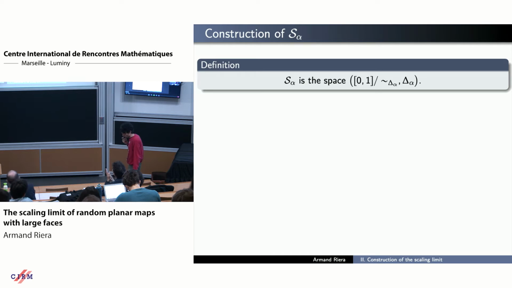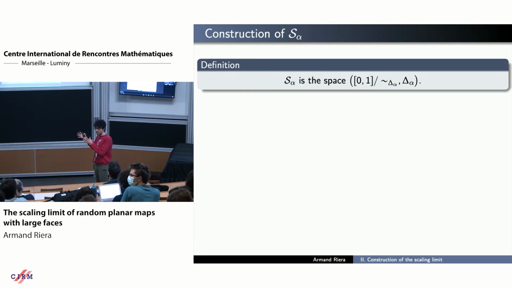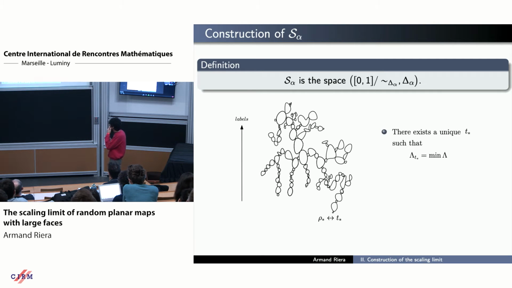But before that, I really want to say that our construction is not something abstract. The loop tree has a topological meaning: the loops are the faces of our scaling limit, and the labels have a geometrical meaning. In fact, if you draw your loop tree like this, where the vertical axis is just the labels, you obtain that there is only one point, T star, where the minimum of the labels is realized.